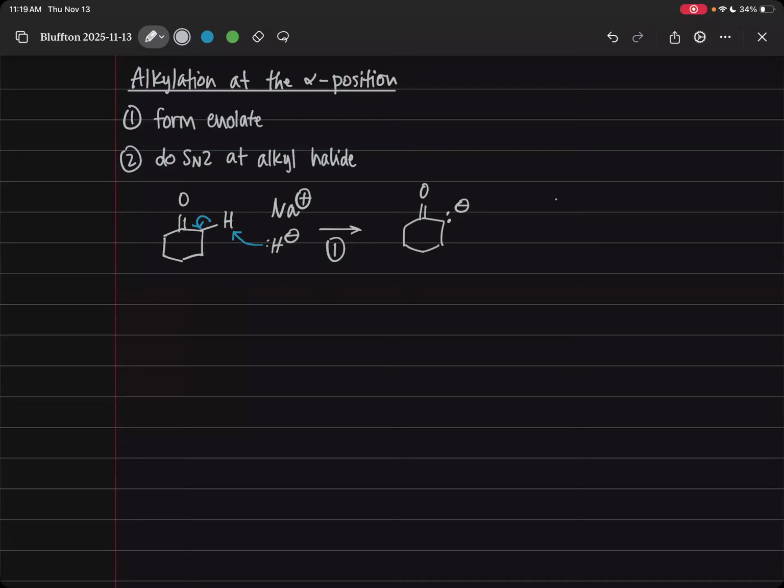So let's use methyl iodide. And of course, because you're doing an SN2 reaction, you have to have your alkyl halide follow the rules for stuff that can undergo SN2 reactions. Specifically, it's got to be a primary or maybe a secondary, or in this case, a methyl alkyl halide. And so here we just take our nucleophile, which is the carbanion, that attacks the carbon.